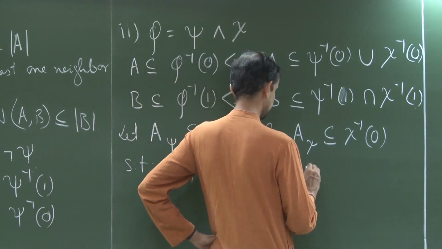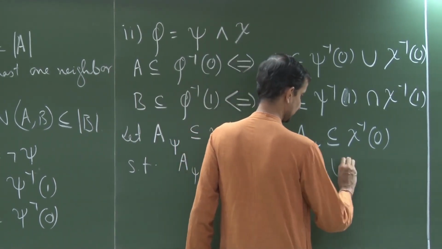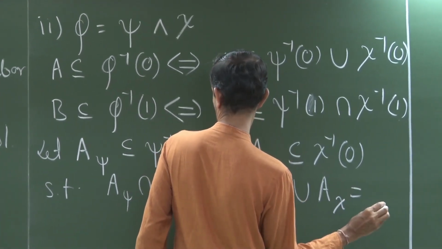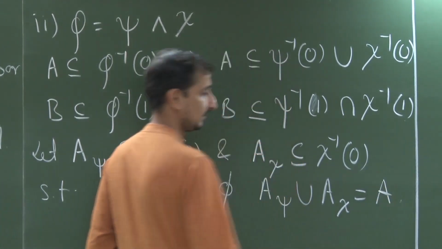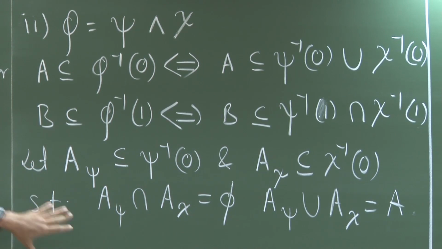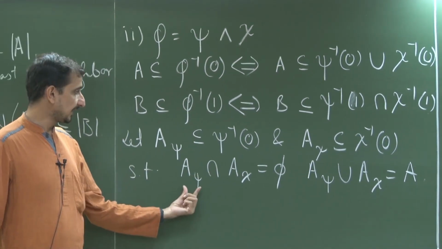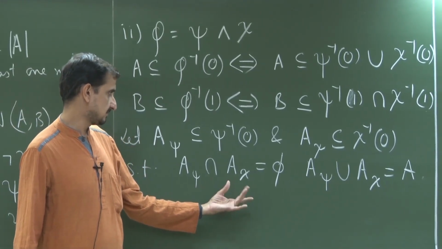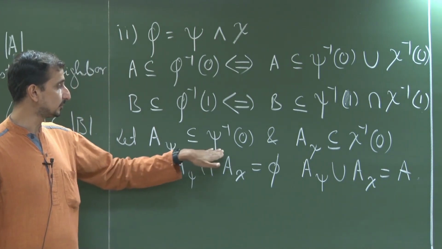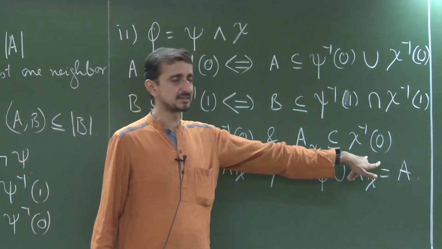They do not have any common element, and A psi union with A chi is my set A. So, all I am saying is that I take A and I partition it into two parts, A psi and A chi, where A psi is basically all those inputs which take psi to 0 and A chi is all those inputs which take chi to 0.